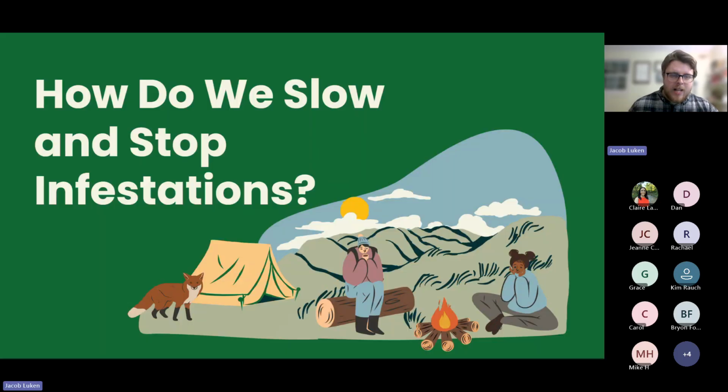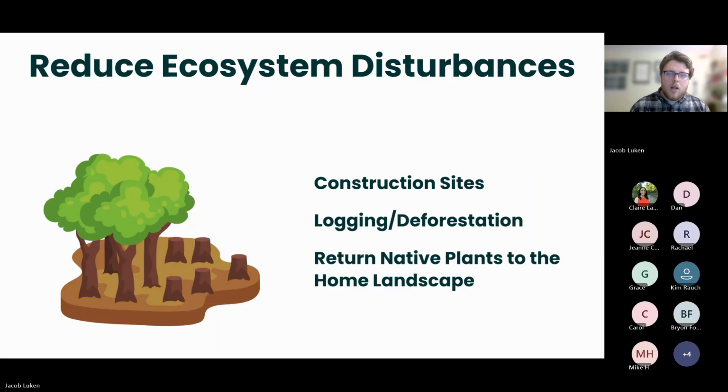So how do we stop the infestations? There are a lot of different ways that they come in, but how do we actually take efforts to reduce the spread or slow them down? A really big one here is reducing our disturbances on the environment.